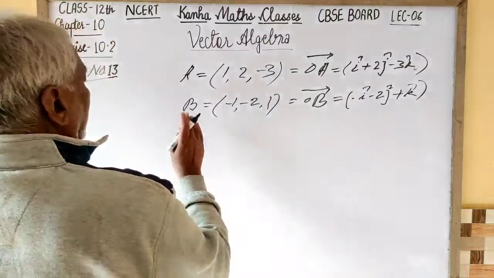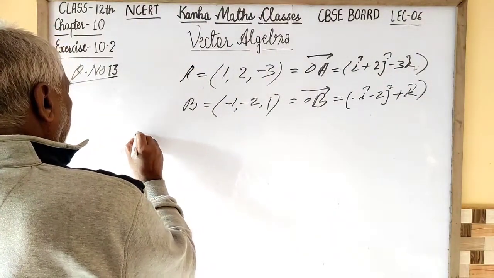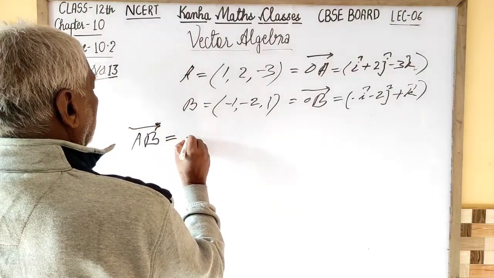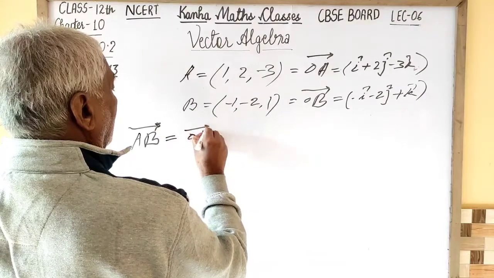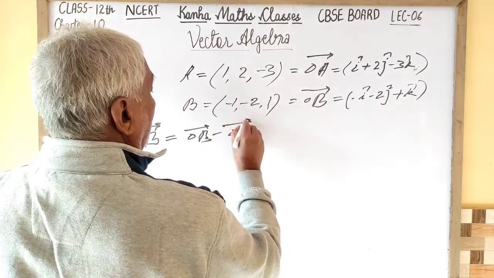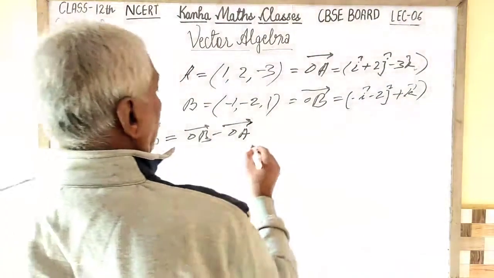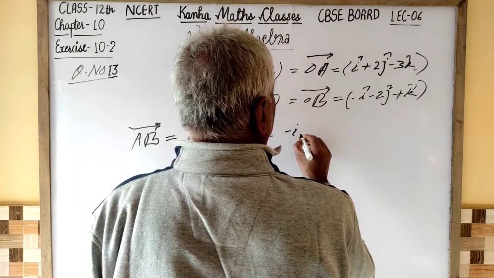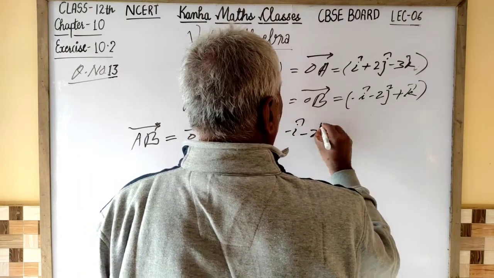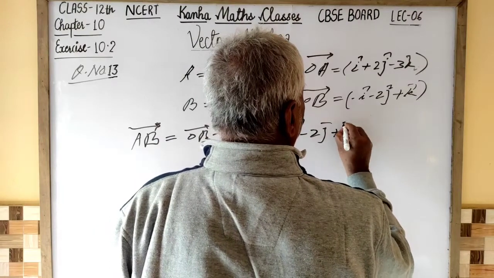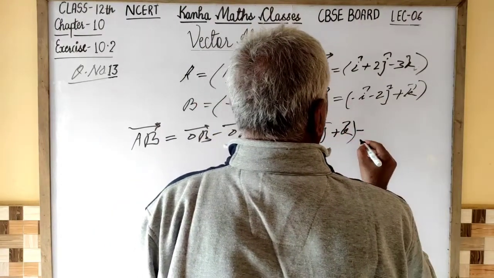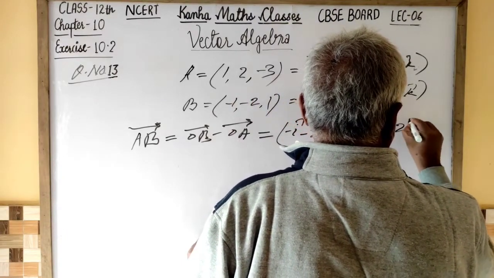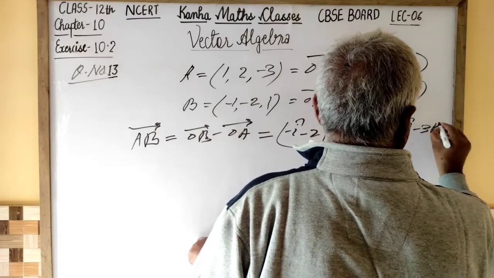Now we have to find vector AB. By definition, vector AB will be vector OB minus OA. OB means minus i minus 2j plus k, minus i plus 2j minus 3k.